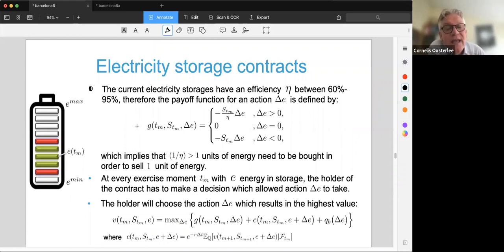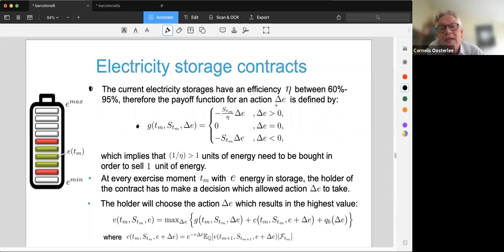So therefore we take a payoff function, and the payoff is connected to releasing storage and purchasing electricity.